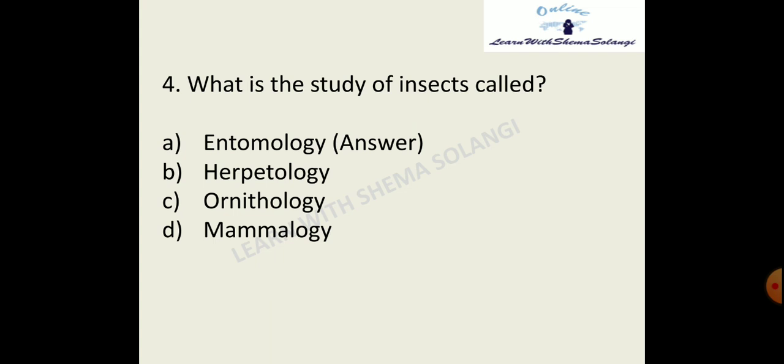The next MCQ is, what is the study of insects called? Options are entomology, herpetology, ornithology, mammalogy. So the correct option is A, entomology. Entomology is the scientific study of insects.